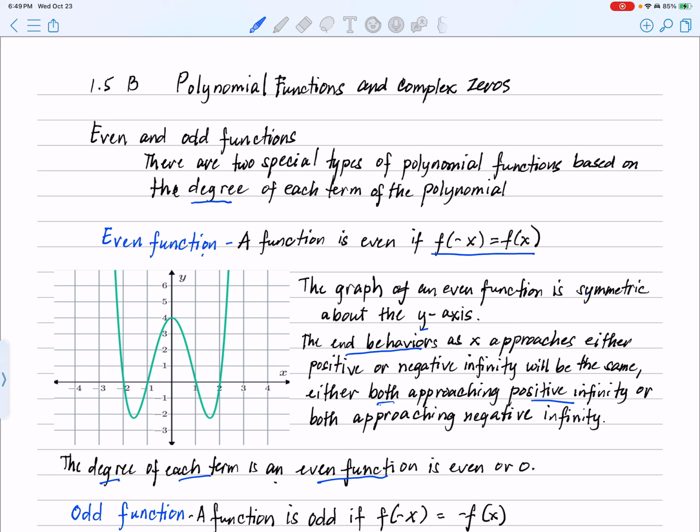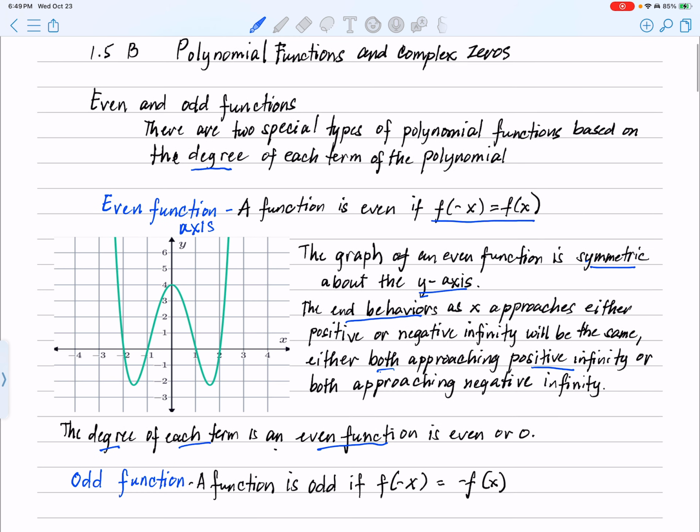Graphically, the graph of an even function is symmetric to the y-axis. So if this is your y-axis here, when you fold the figure, try to imagine that you fold the figure, they are identical. They are symmetrical about the y-axis.